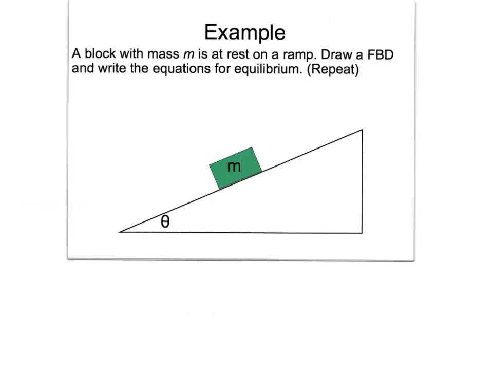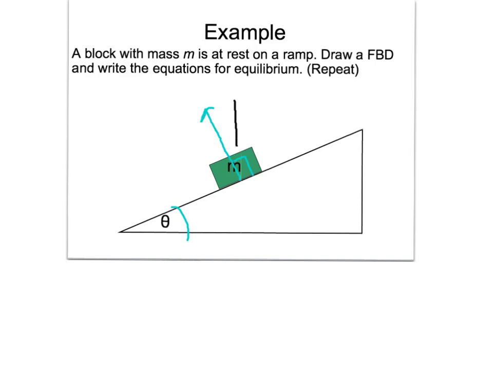Okay, so the problem again is that if I have a normal force pointing at a right angle to the ramp, so there's a right angle here, I'm not sure that this angle applies to the normal force, and I'm not sure if sine and cosine apply to the normal force. So in order to figure that out, what I'm going to do is center an xy plane around my normal force.